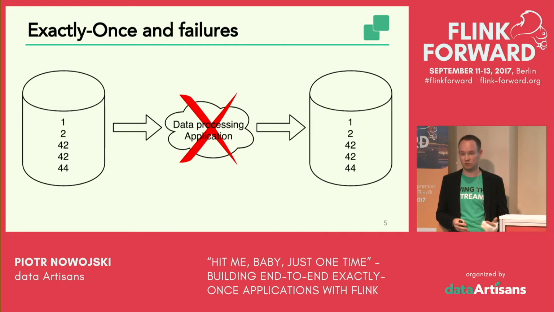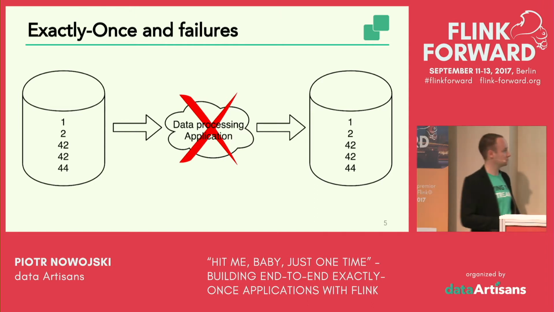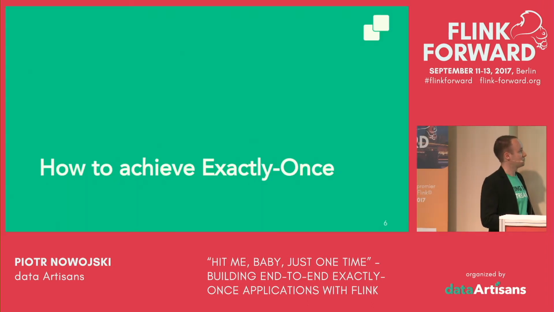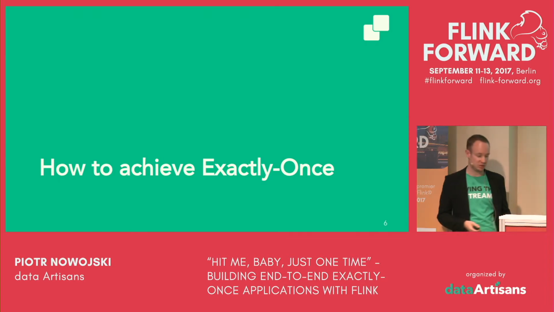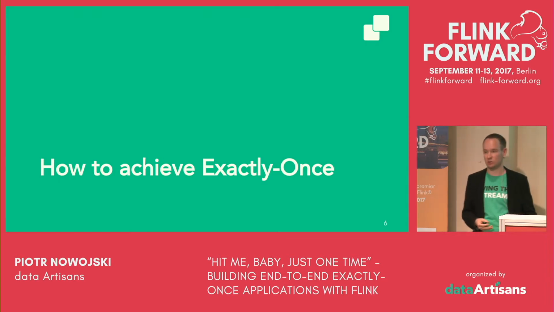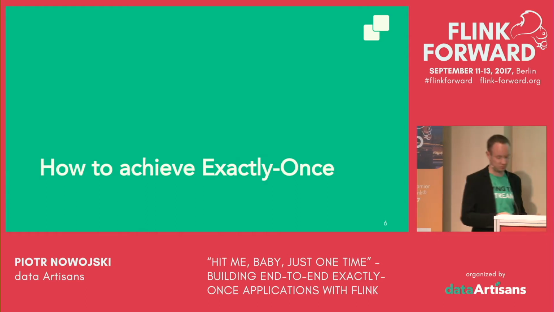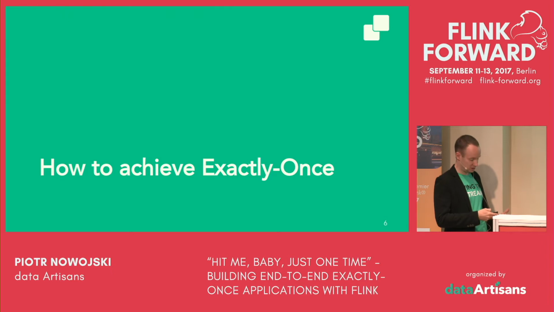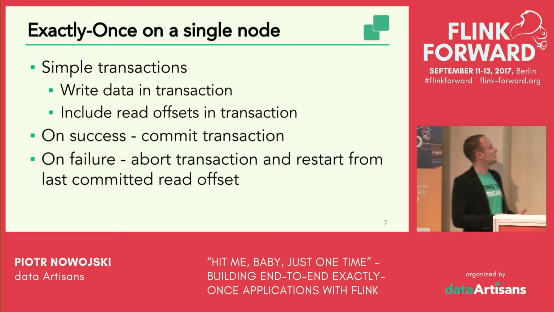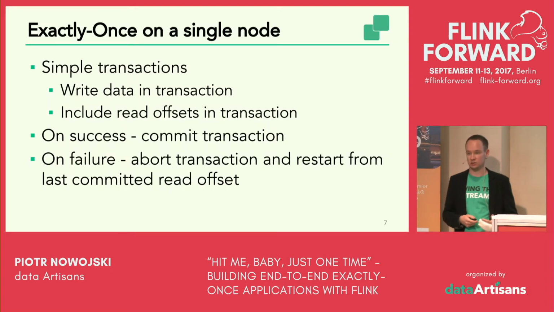There will be no data duplications and no data losses. I will talk now about how to achieve that exactly-once end-to-end semantic in Flink. But let's start with how to achieve exactly once on a single node.